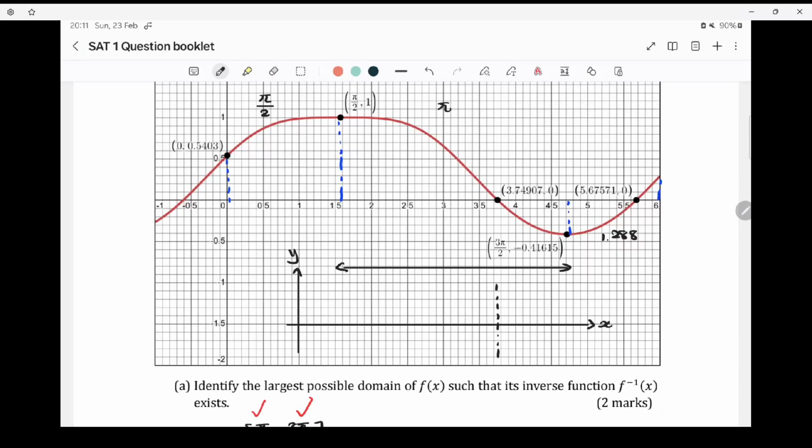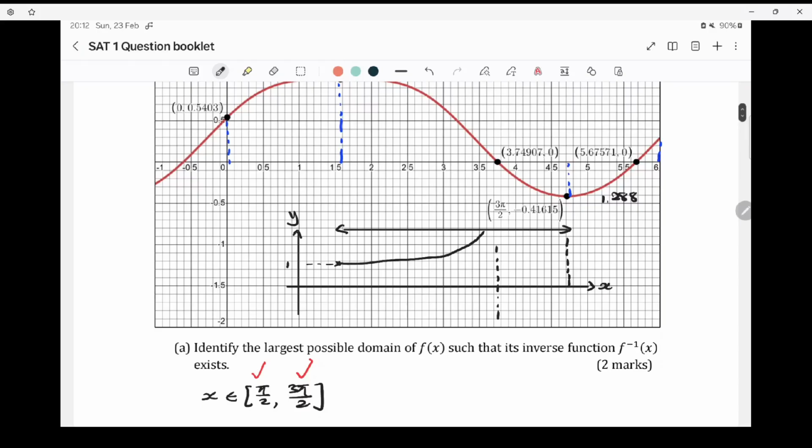3.74907, essentially this is positive. So over here, 1 over 1 is still 1. And then when it approaches 0, you will go to infinity. Then the second region, up to this point. So this point, the y value is already given.